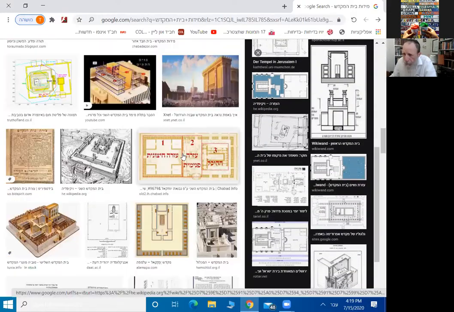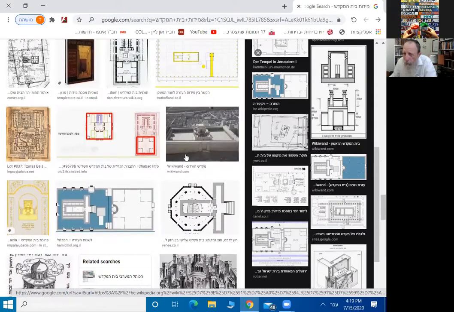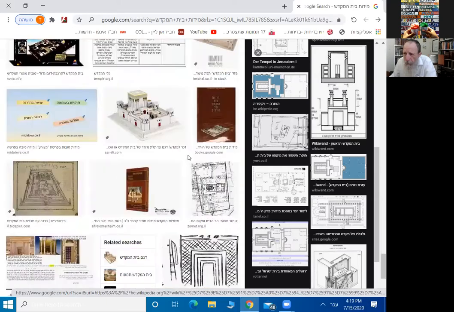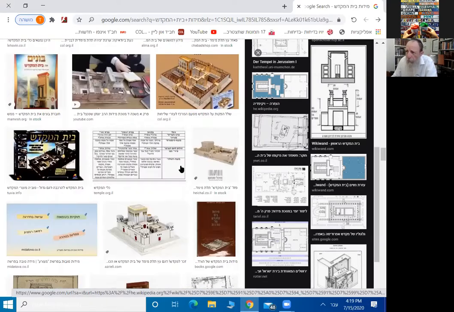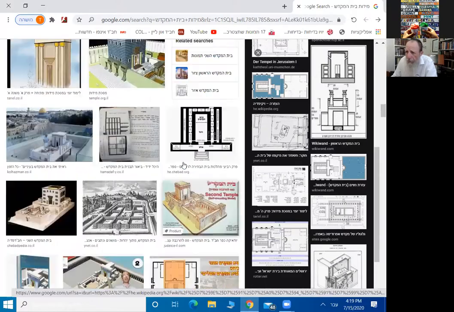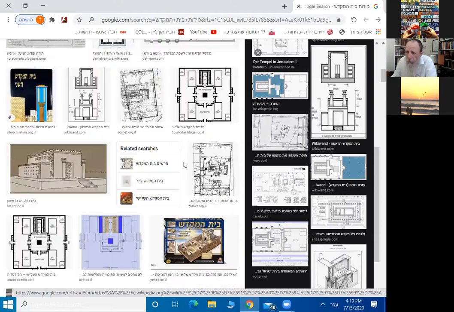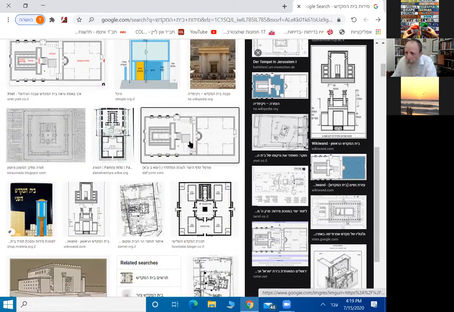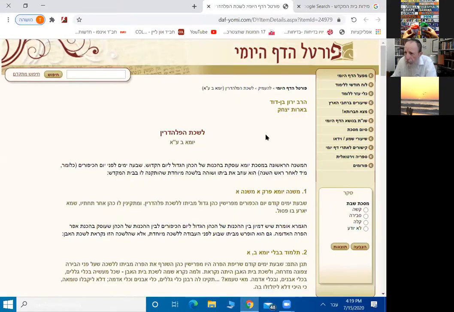There's a couple of really nice ones over here. Can you see, by the way, what I'm doing? Yes? Okay, good. Wonderful. All right, let's just do this picture here. I think this will do it.